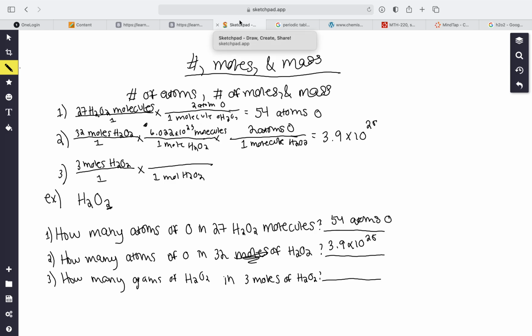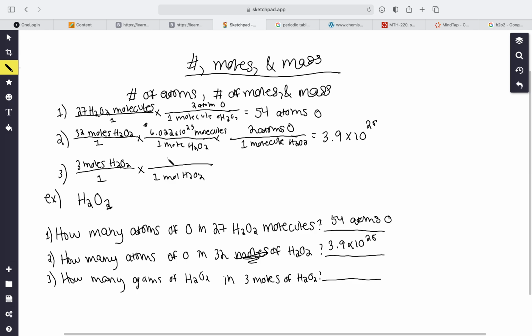We're going to do 2 times 1, the molecular weight of hydrogen, plus oxygen, which is 16 times 2 because we have 2 of them, and we get 34 grams of H2O2. Then we just do 34 times 3, and there's our answer: 102 grams of H2O2.